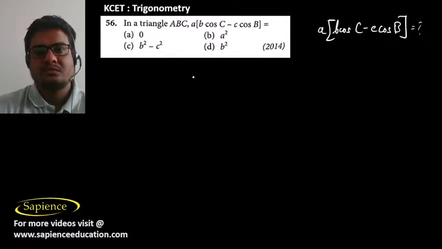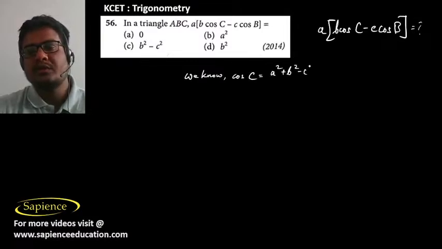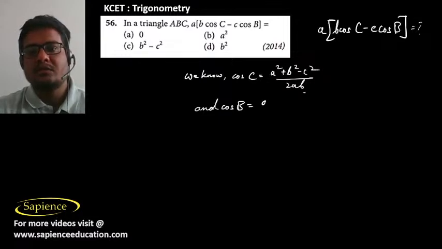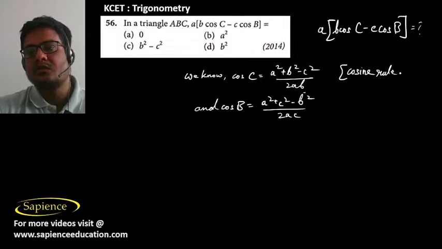Now we know that cos C is equal to a square plus b square minus c square by 2ab, and cos B is equal to a square plus c square minus b square by 2ac. So these are called the cosine rule for any triangle.